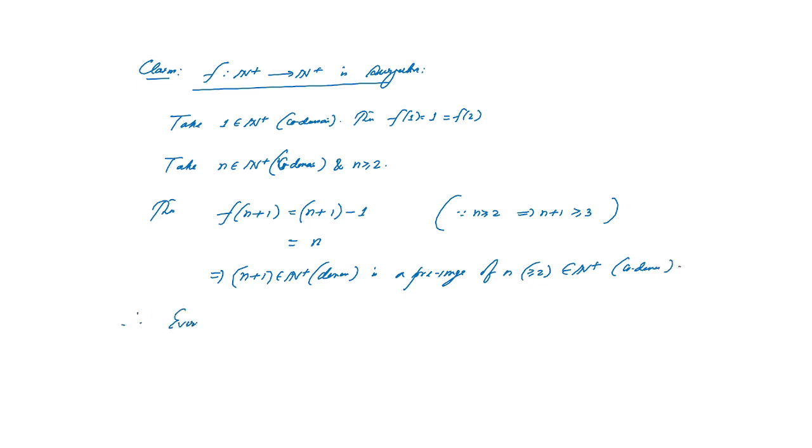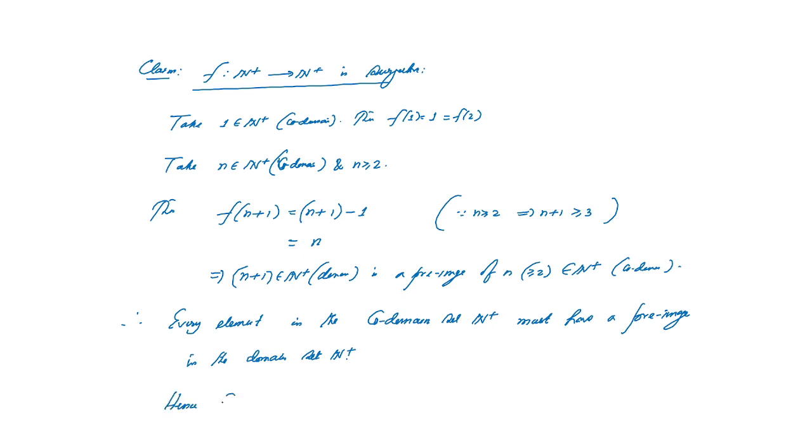Therefore every element in the codomain set N plus must have a preimage in the domain set N plus, and hence this map from N plus to N plus is a surjective map.